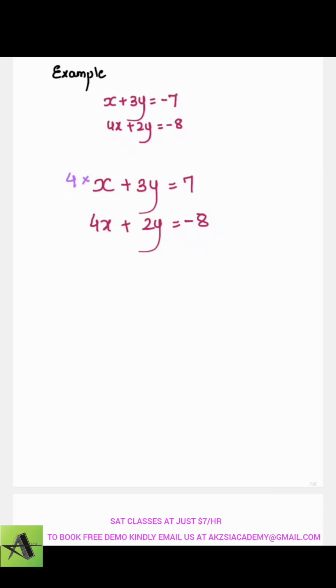So if you're multiplying 4 to x, you have to multiply 4 to y as well, and 4 to 7 as well, which will transform your equation 1 into 4x plus 12y equals 28, and the below equation is 4x plus 2y equals negative 8.